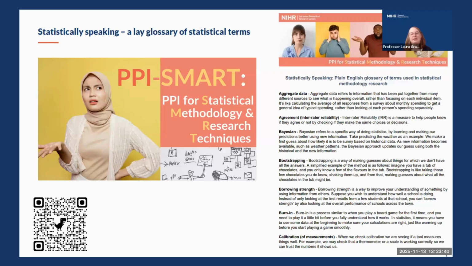We spent quite a long time working with our PPI group to work out what level these definitions needed to be at. We developed a set of different levels of definition and presented them to the group, and they chose the level that they felt was most appropriate. Then we worked with them to develop a list of around 60 definitions. And again, this is freely available on our website.